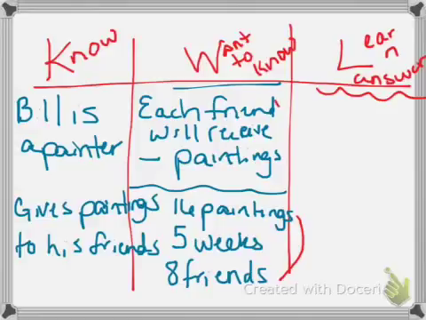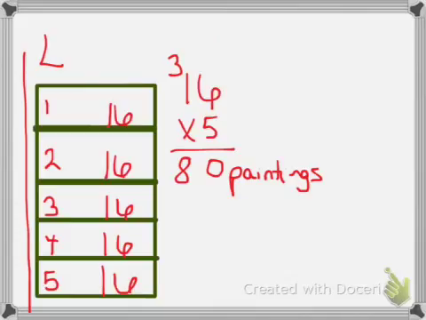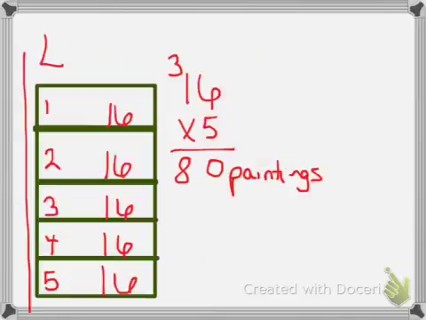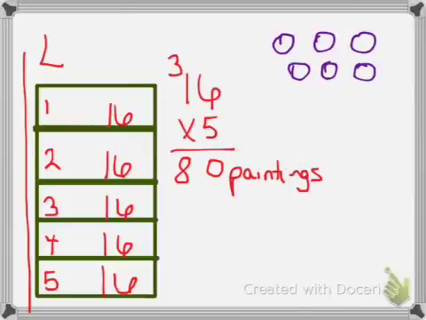My answer statement says each friend will receive blank paintings. Well, now I know how many paintings there are, so now I need to figure out what about his friends. It says he wants to divide up his paintings equally among his 8 friends. So I know that he has 8 friends: 1, 2, 3, 4, 5, 6, 7, 8.